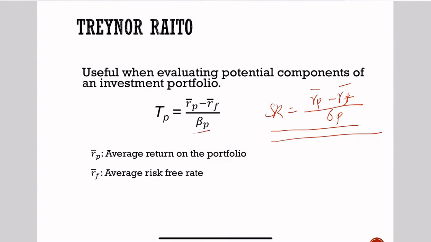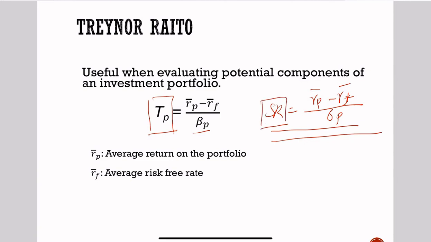And beta p is just a measure of systematic risk. So if you just care about systematic risk, then you should use the trade-off ratio. But if you care about both systematic risk and non-systematic risk, then you should use Sharpe ratio, right?